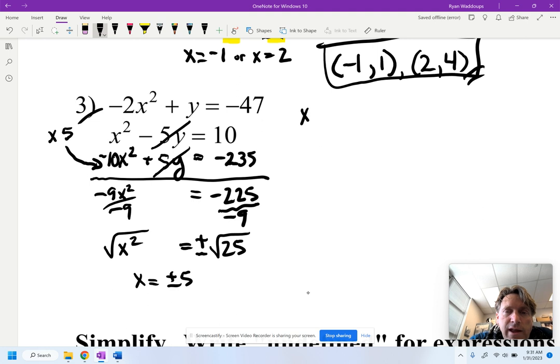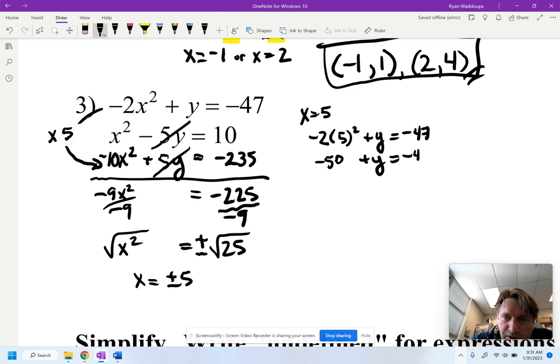So let's see what happens when x equals 5. I get negative 2 times 5 squared plus y equals negative 47. And 5 squared is 25 times negative 2 would be negative 50 plus y equals negative 47.